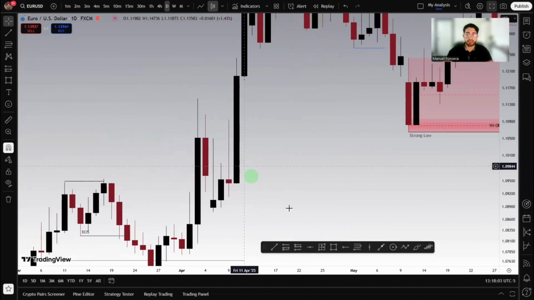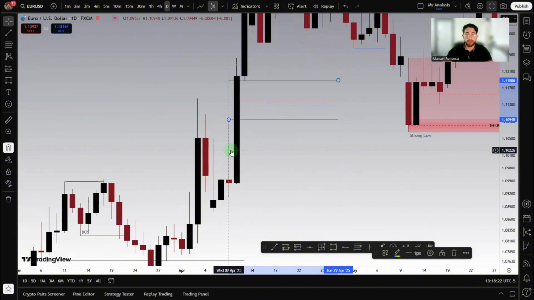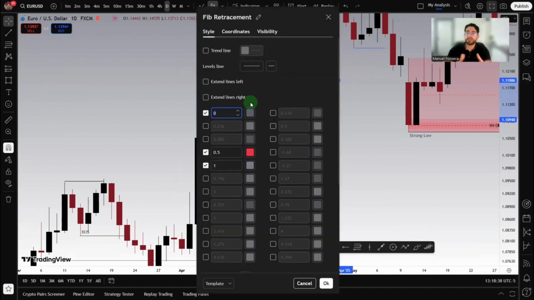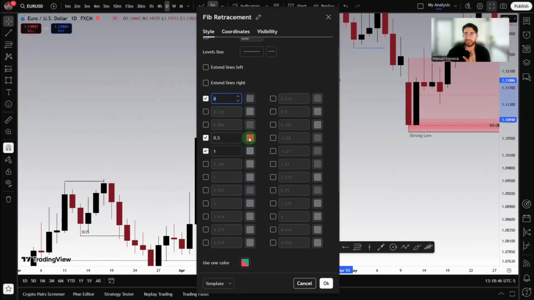We can keep observing and analyzing the market and find these spaces, these imbalances. Here is another big imbalance, and that's the point: to understand the reaction. This will be candle number 1, candle number 2, candle number 3, and here is the imbalance. Maybe some of you will ask, Manuel, what is that tool you're using? This is the Fibonacci. I use the parameters 0, 0.5, and 100, and I delete everything else.